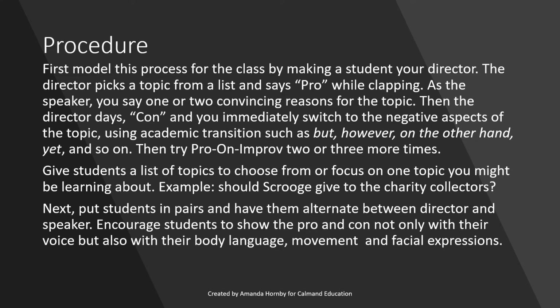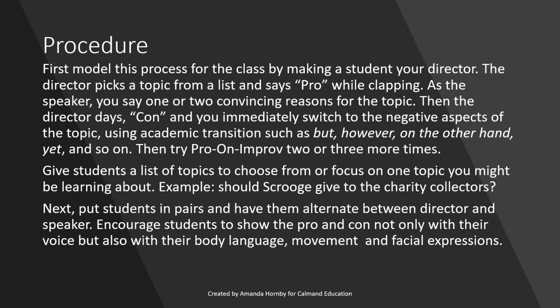Okay, so the procedure for this is to model it first. So what you would do is stand in front of the class and ask one of your students to be director. So the director gives you a topic and says pro, and they can clap if they want to.